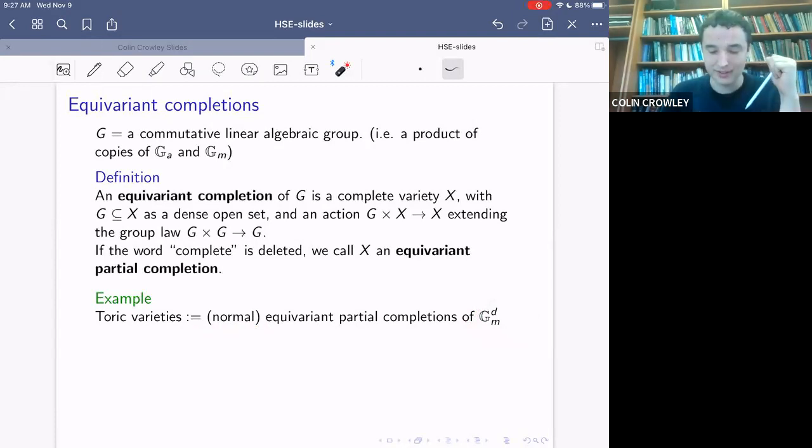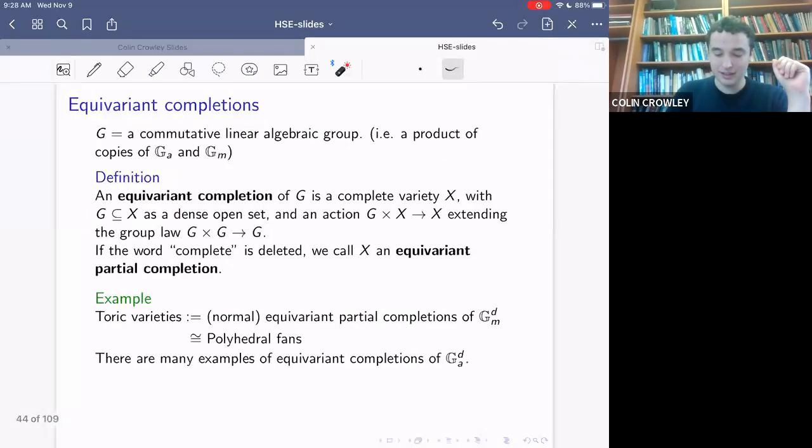And the very beautiful theory of toric varieties tells you that while they're defined as equivariant completions, they're really classified by polyhedral fans. And there is this very nice dictionary between these compactifications on one hand and these rigid polyhedral objects. Very beautiful, very nice dictionary.